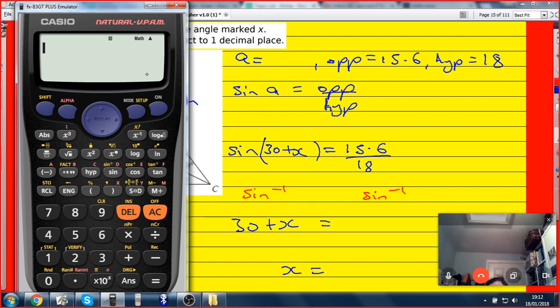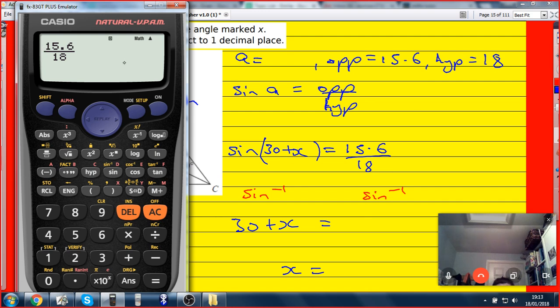What does that mean? So you don't have the 15.6 over 18? Well, you do, 15.6 over 18. But you did shift sine to both sides. So what do we now have? Just sine. What type of sine?